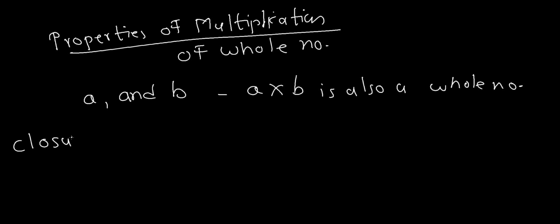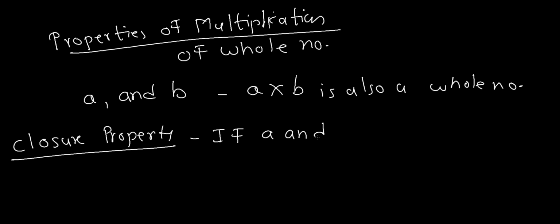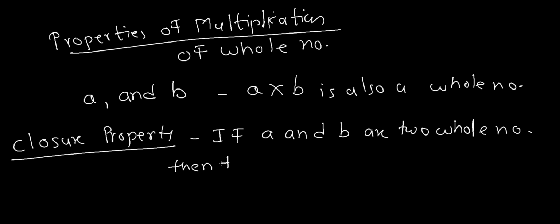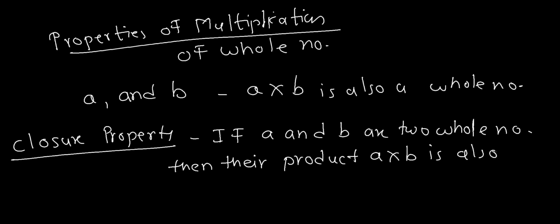First is closure property. What it says: if a and b are two whole numbers, then their product a into b is also a whole number.